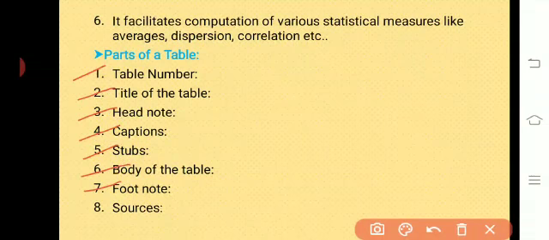Then the last part of a table is sources. Below footnote or below the table, source of the data may be mentioned for verification of the reader. So these are the different parts of a table.